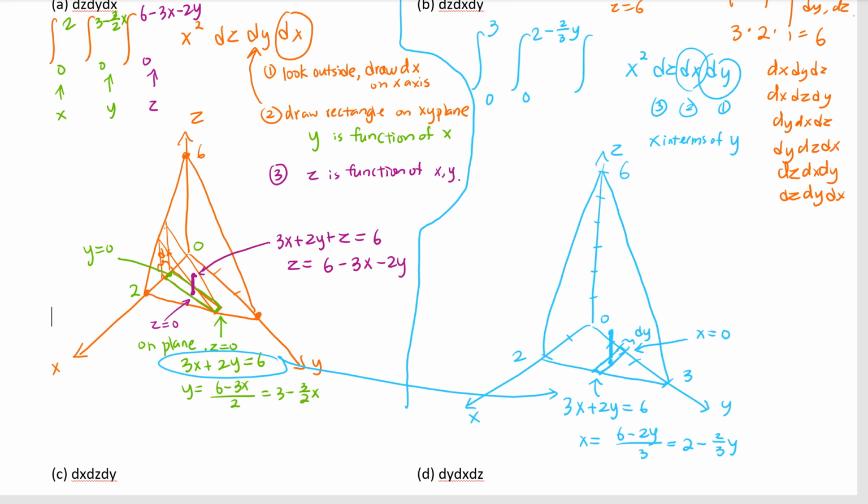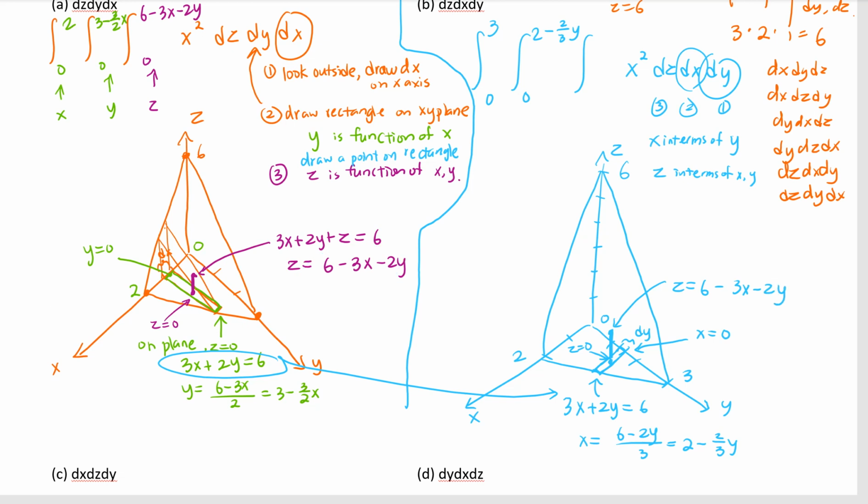So at the bottom, z is 0, and the top is still z in terms of x and y, so we still have z equals 6 minus 3x minus 2y.